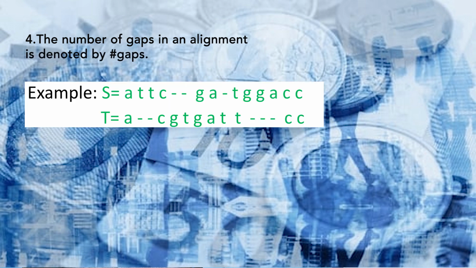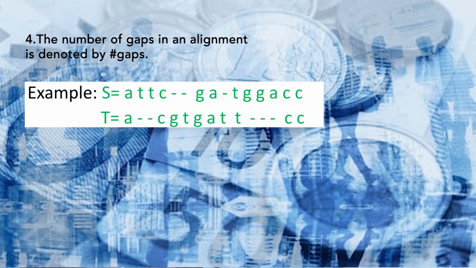For example, take two sequences represented as S and T. S is composed of A, T, T, C, then a hyphen, which is nothing but a gap, together, then G and A, then a hyphen, then T, G, G, A, C, C. Then in the target, A, hyphen, hyphen, C, G, T, G, A, T, T, hyphen, hyphen, hyphen, C, C. Each run of hyphens is counted as one gap.